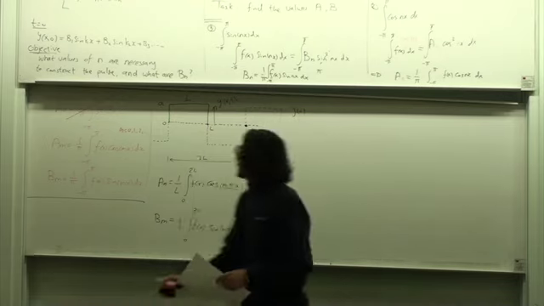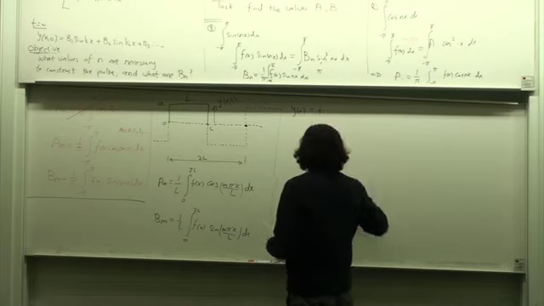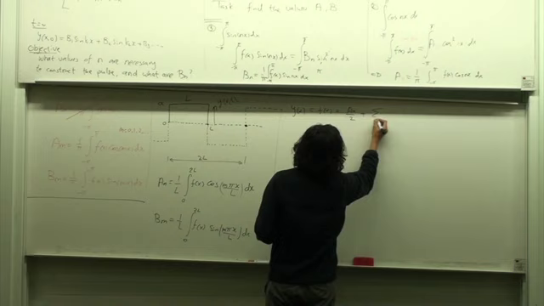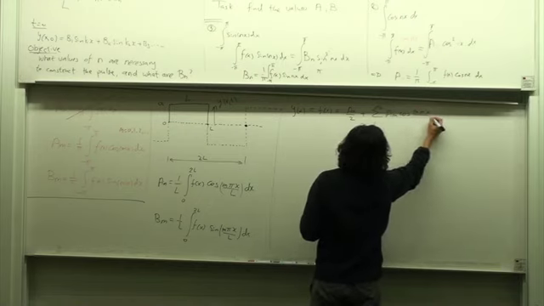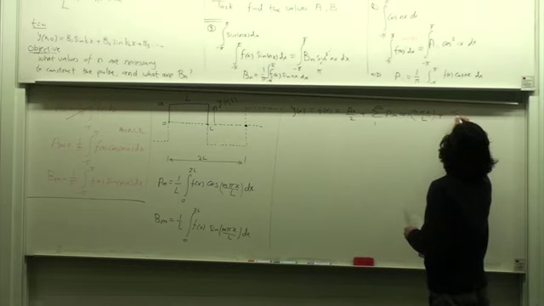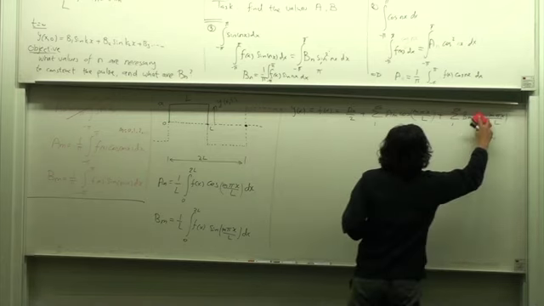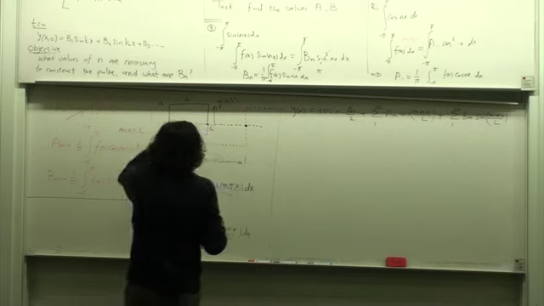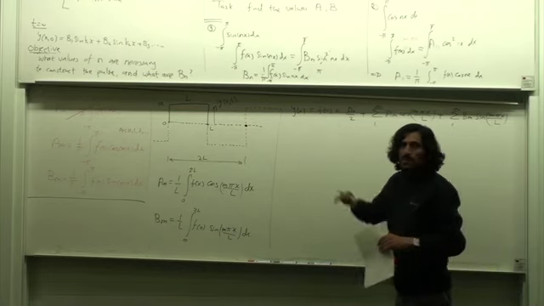We come to the time later on. y of x, which is our f of x, is a0 over 2 plus summation over m of a_m cosine m pi x over L plus b_m sine m pi x over L. So this describes the string, and we want to look at the string at time t equals 0.